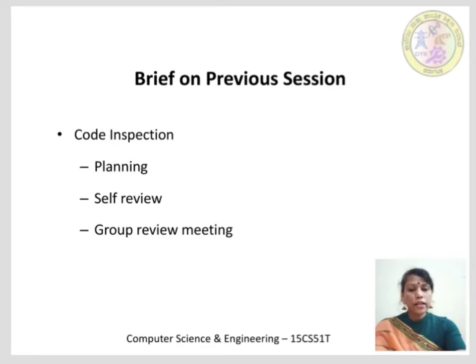Once the entry criteria are satisfied, a package is prepared and distributed to the inspection team. The package typically consists of the code to be inspected, the specifications for which the code was developed, and the checklist that should be used for the inspection.